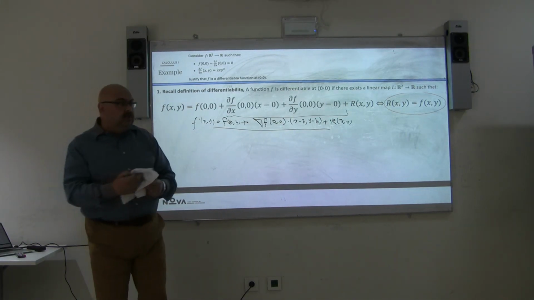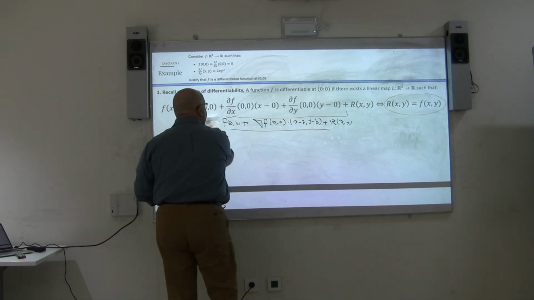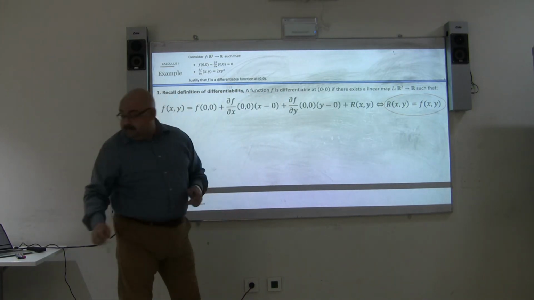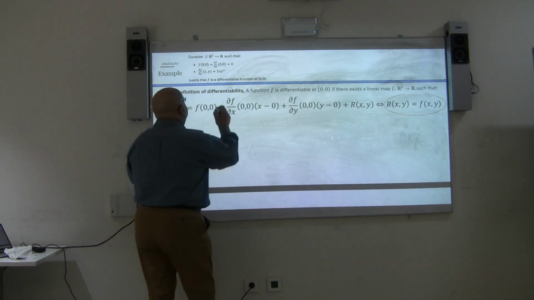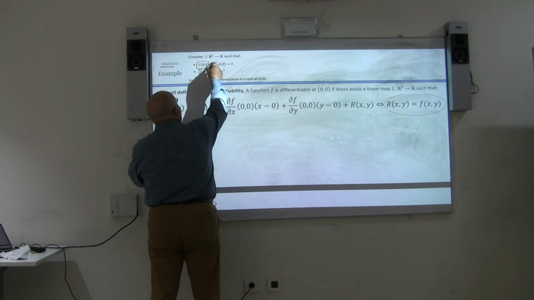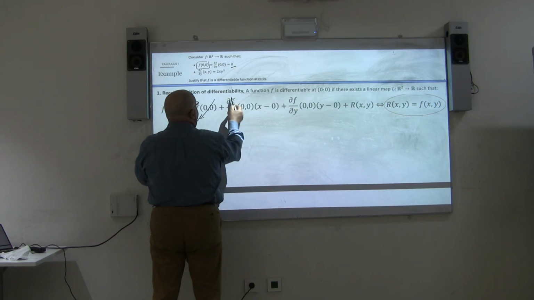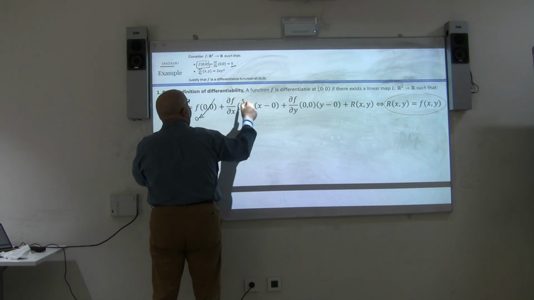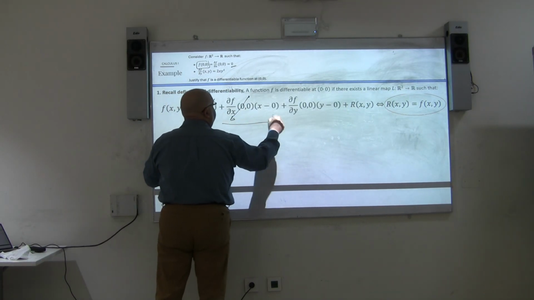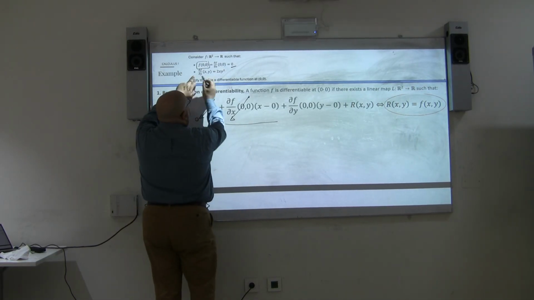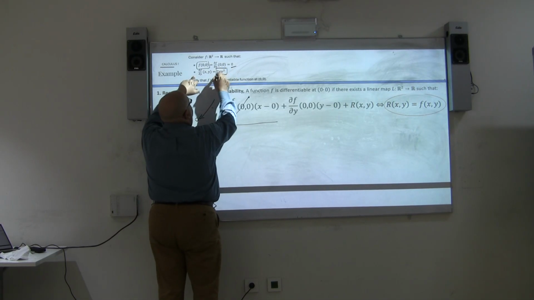So all I have to do is to find the value of r. It is directly given that the function at the origin is equal to 0, so this part is equal to 0. Partial f partial x at the origin is equal to 0, so all of this part is cancelled. And also partial f partial y is 2xy squared.